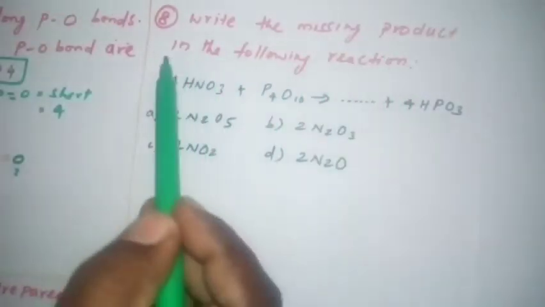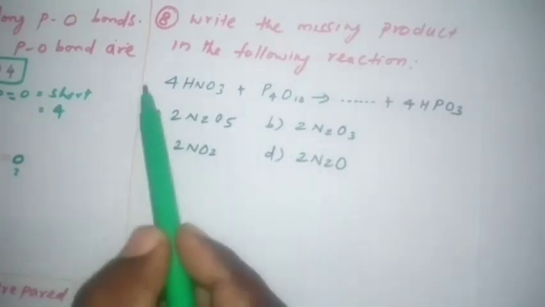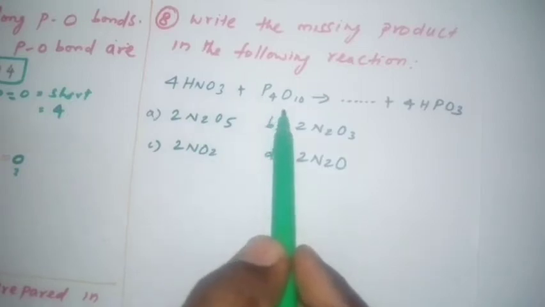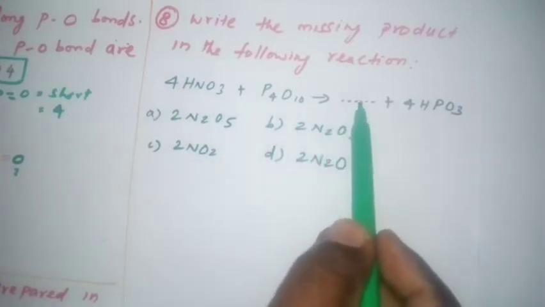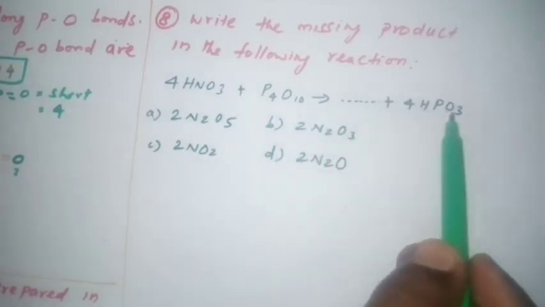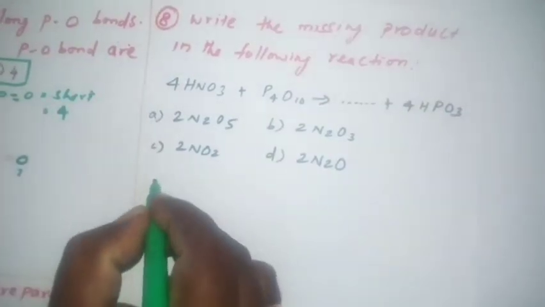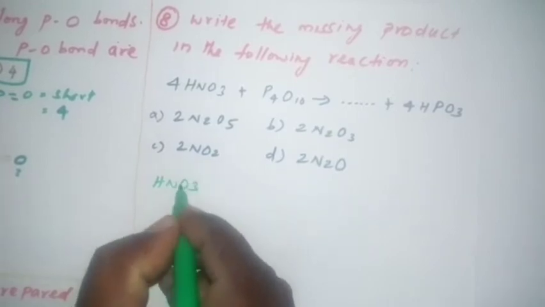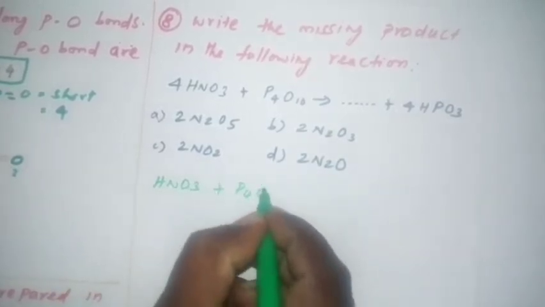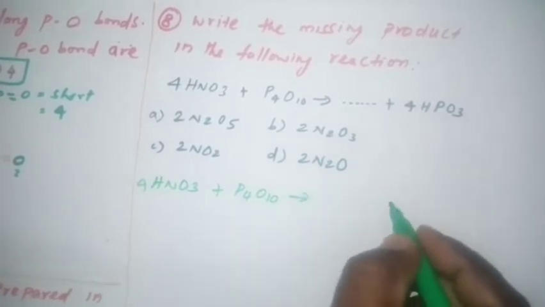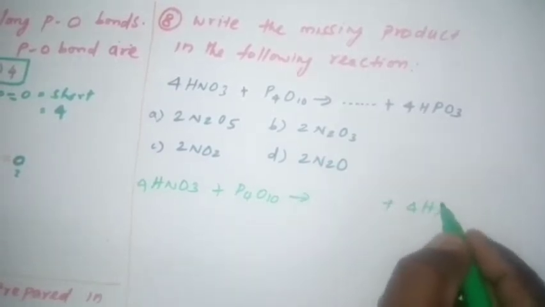Now question number 8. Write the missing product in the following reaction. The equation is 4HNO3 plus P4O10 gives a missing product plus 4HPO3.